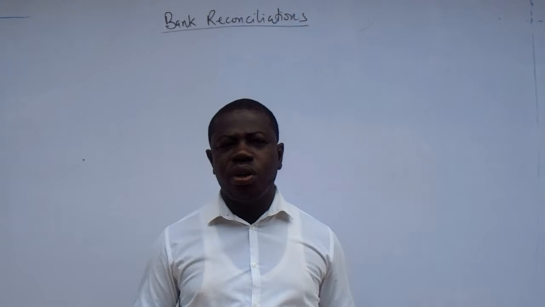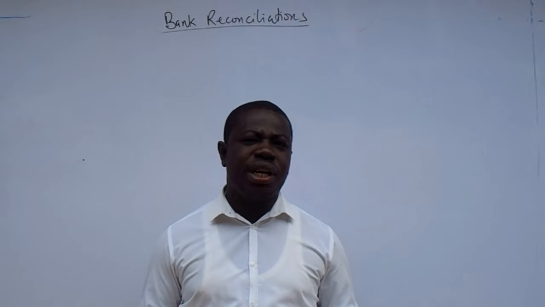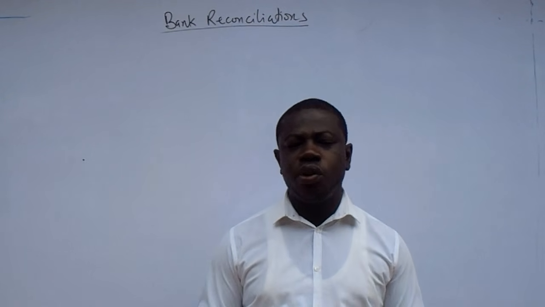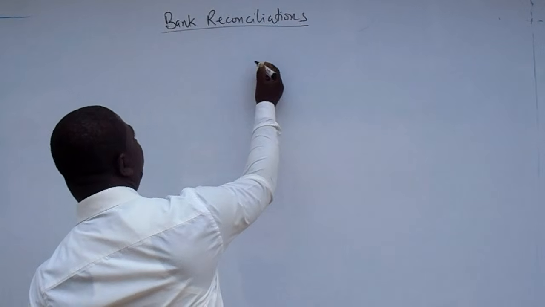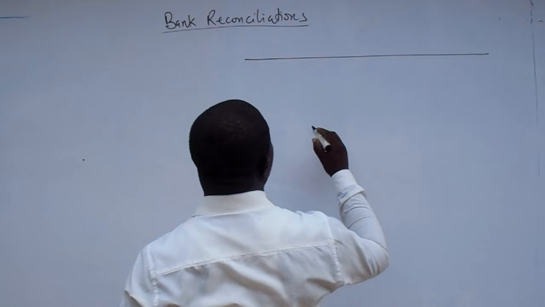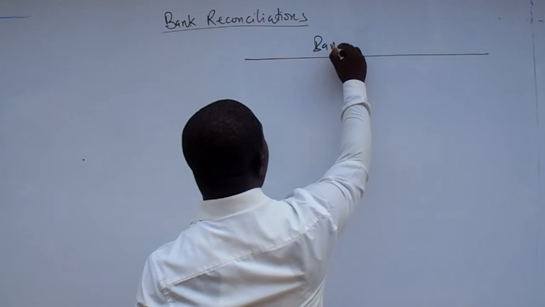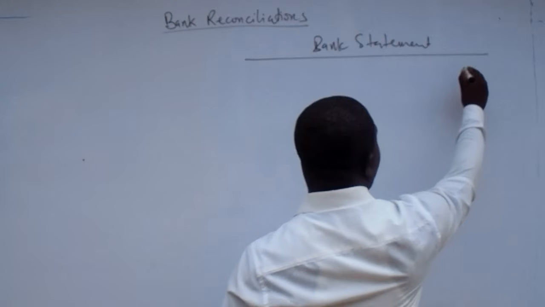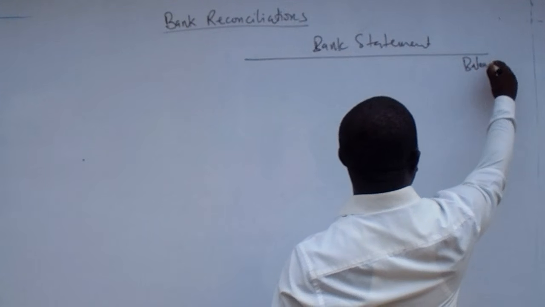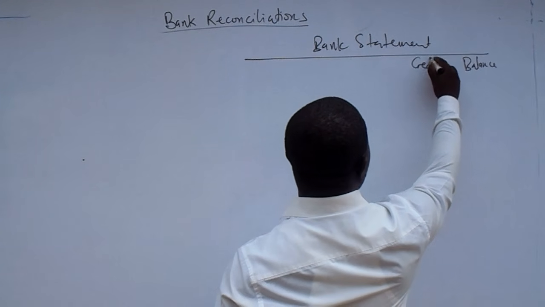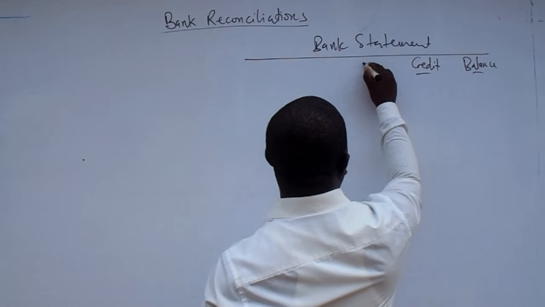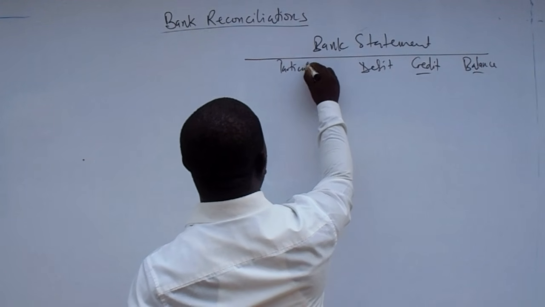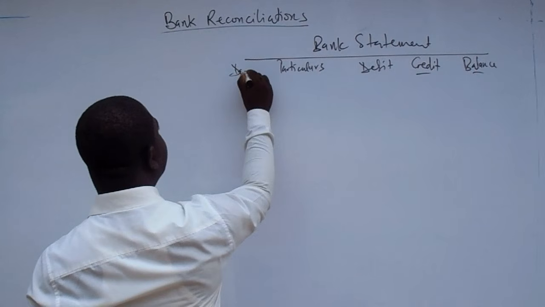Before that, I want us to look at how the bank statement looks and compare it with how the cash book looks. This is a typical example of a bank statement. We have the balance here, credit, debit, the particulars here, and then the date.